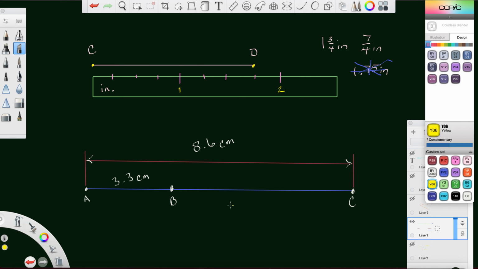I'll say 8 6/10 centimeters minus 3 3/10 centimeters. And this is super simple. Bring your decimal straight down. 9. You goofball. Sorry about that. 6 minus 3 is 3, and 8 minus 3 is 5.